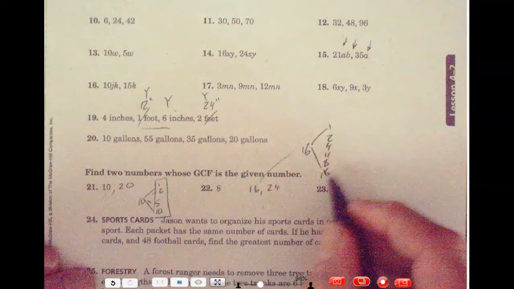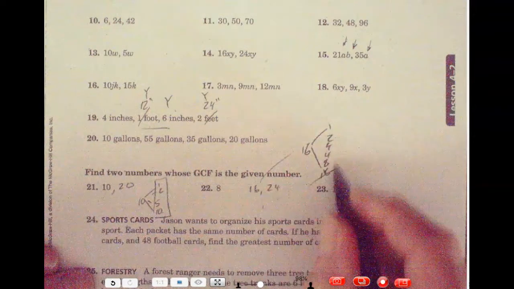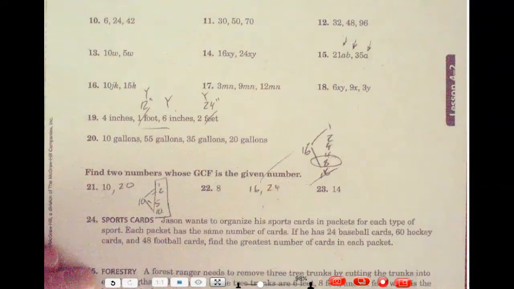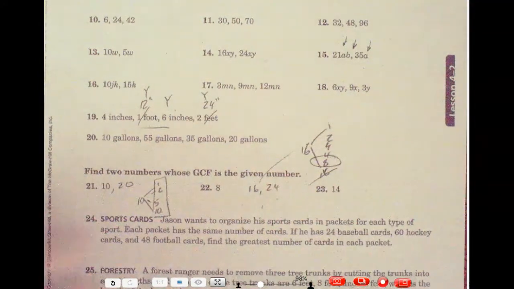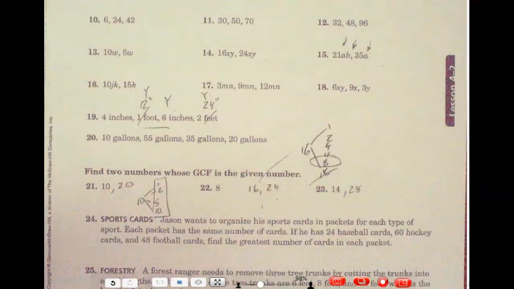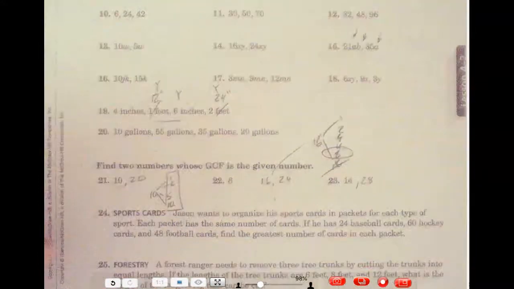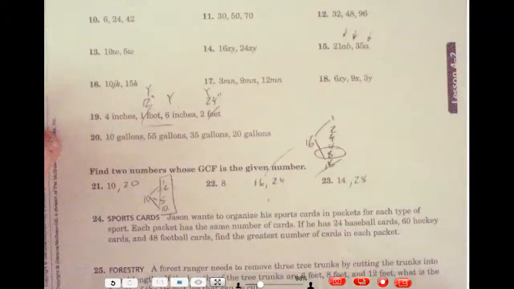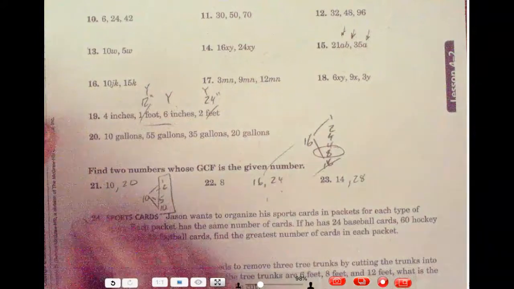Let's see, 16 doesn't go into 24. 8 goes into both. 8 is the greatest common factor. But, I mean, honestly, I'm okay with doing it the easy way. I figure if you can do that, you understand why it works, that's pretty doggone good. All right, these 2 word problems you can do on your own. Good luck.